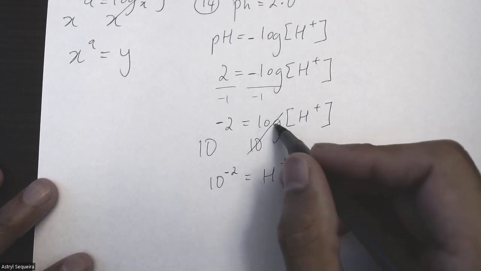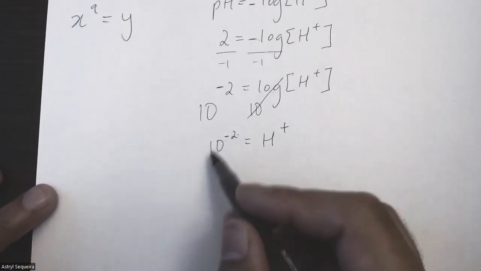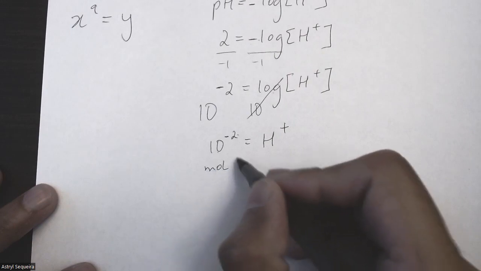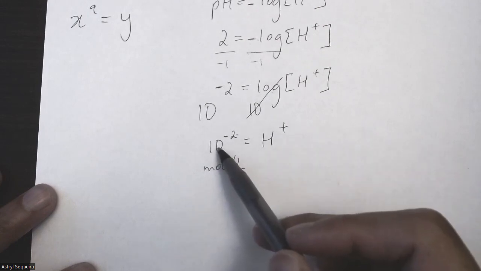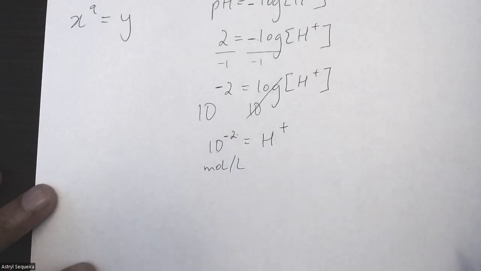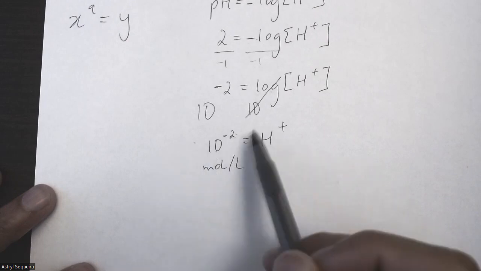Just remember, when you're getting rid of a log and you move the other side, it becomes 10 to the power. And that is my final answer. This is basically in moles per liter. That's the unit. You'll generally have an answer which has 10 to the power of a negative exponent for calculating H plus, or basically like a decimal value, which is the same thing.